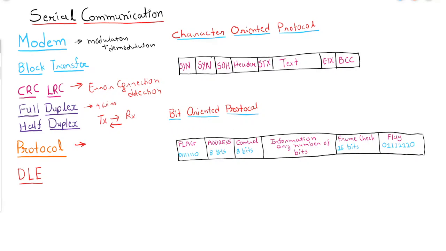Let us start. What is the first element in the character oriented protocol frame? The first component is the sync. This component is used by the sender to maintain synchronization between sender and receiver. This character is a group of 8 bits. Whenever it is received by Rx, it keeps it in the buffer, and the next time the sender sends the sync, the receiver tries to match it with the existing pattern.